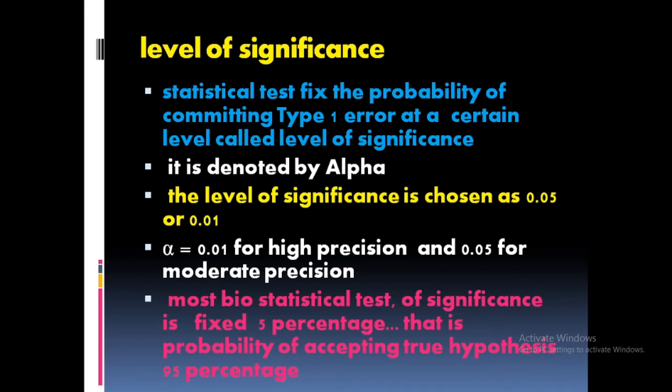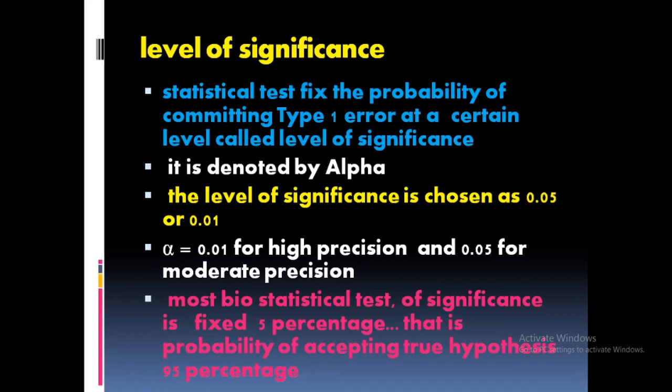A statistical test fixes the probability of committing type 1 error at a certain level, and minimizes the chance of committing type 2 error.